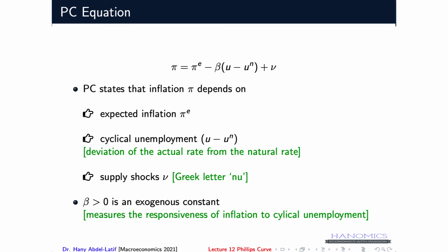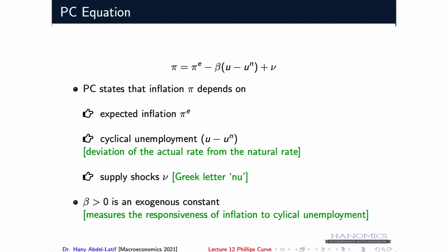Bringing expectations into the picture will show us what that means for the Phillips curve. In this equation, this is the destination, and I'll show you in a few seconds how to derive this equation using what we learned about the short-run aggregate supply curve.